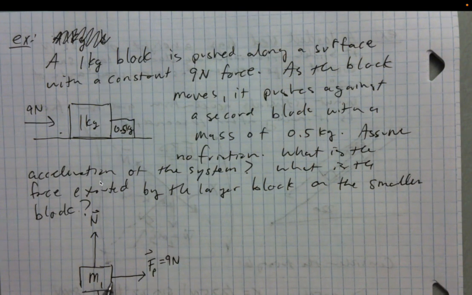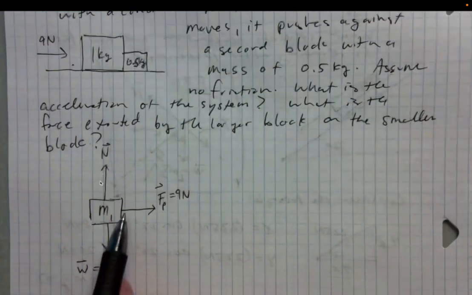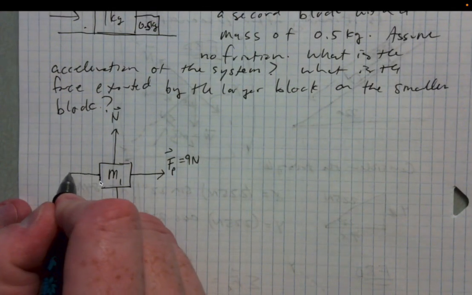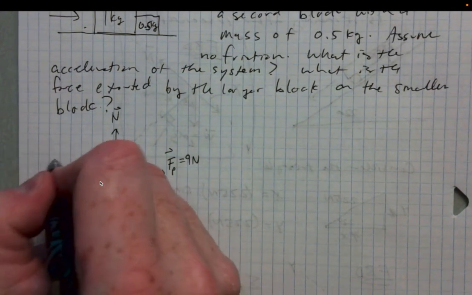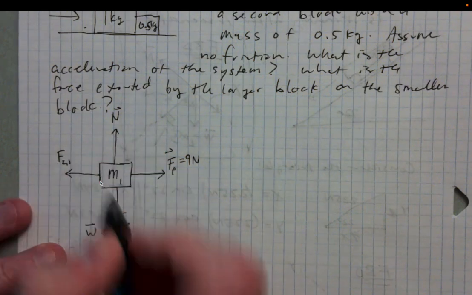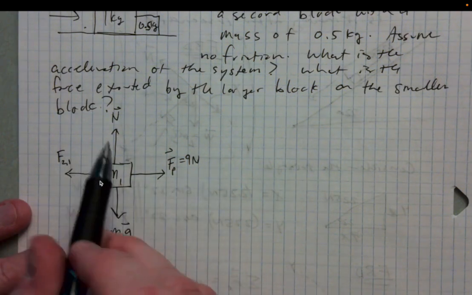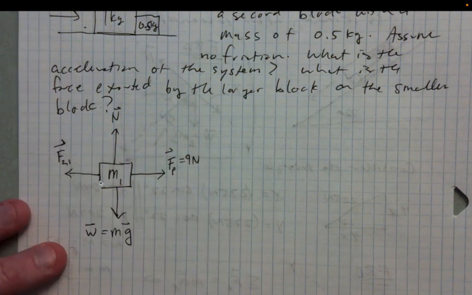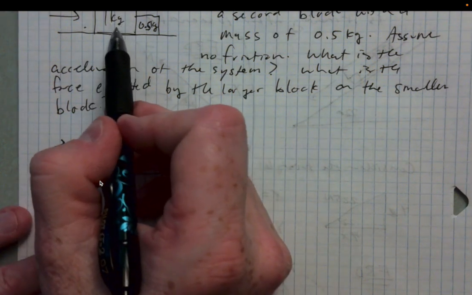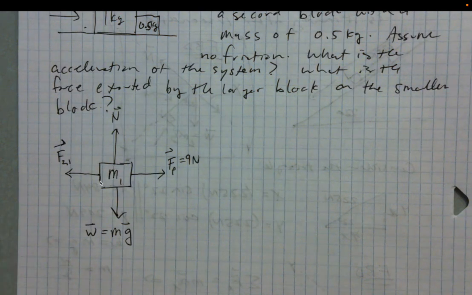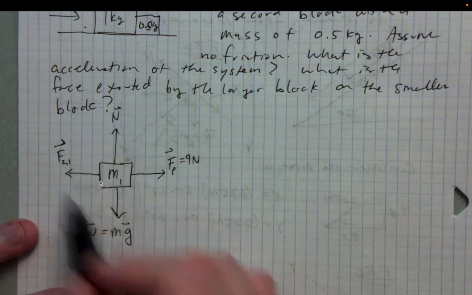The other force being exerted on this thing is the force of the small block, which I'll call the force of 2 on 1. Because they're in contact, the big block pushes on the little block and the little block pushes on the big block. There's action-reaction there.